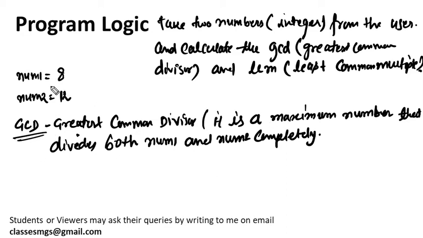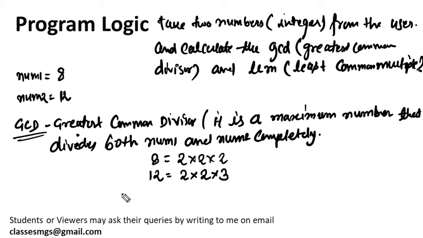And how to calculate the GCD? GCD can be calculated by taking factors. Mathematically, 8's factors are 2 into 2 into 2, and 12's factors will be 2 into 2 into 3.